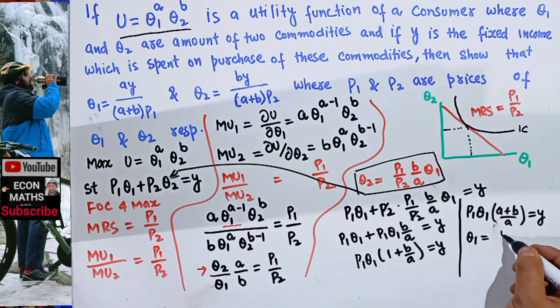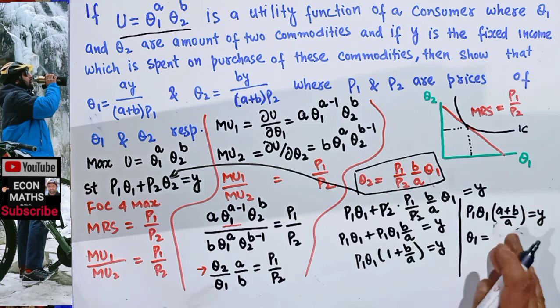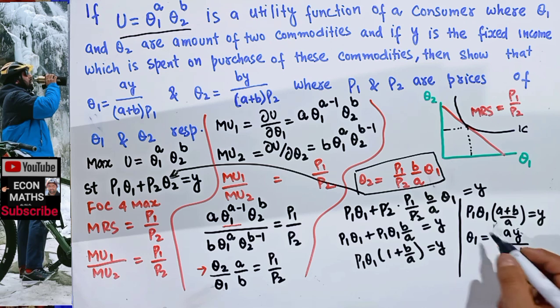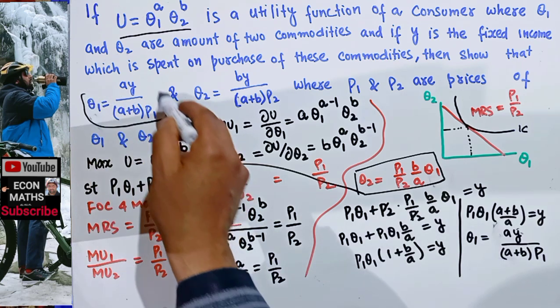We get y, transposing this, it will get reciprocated. We will get a times y divided by a plus b. This p1 will get divided. That is, q1 is equal to this term.